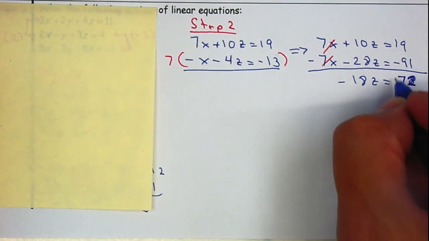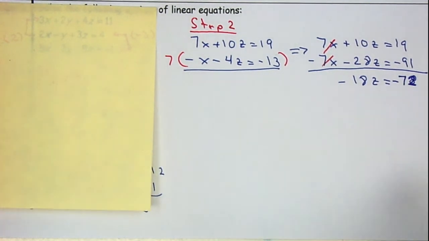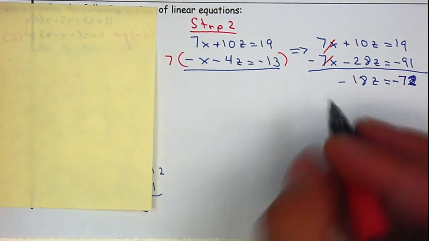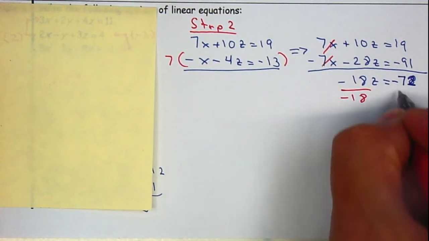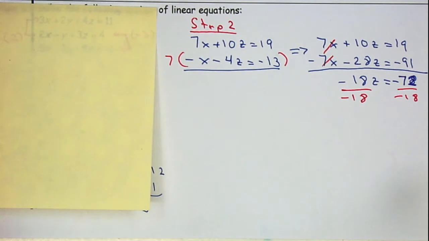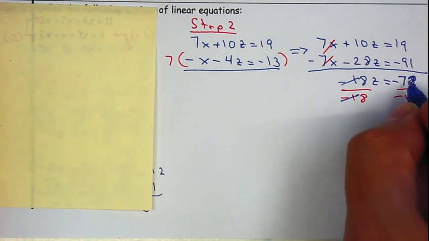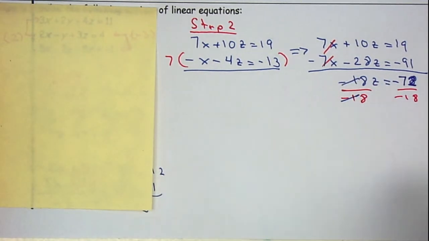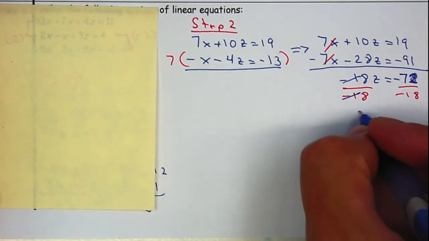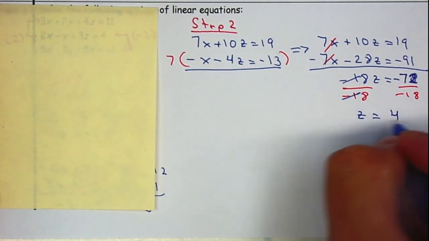Negative 91 plus 19, give the sign of the bigger number, so it'll be negative 72. Now we are going to divide by negative 18. The negative 18's cancel. 72 divided by 18 gives me 4. So z is equal to positive 4.